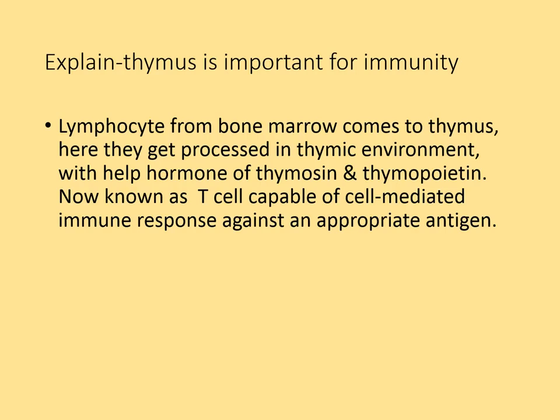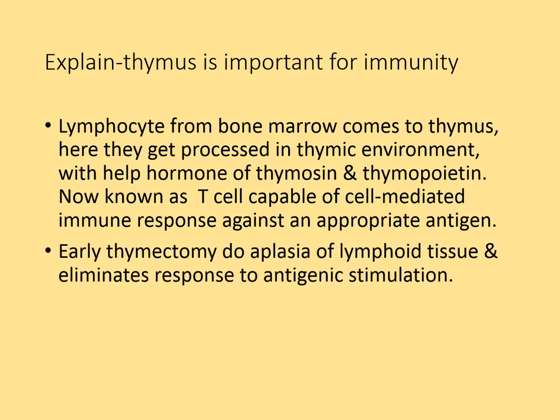After education or processing, they are known as T cells, which are capable of cell mediated immune response against appropriate antigen. Early thymectomy causes aplasia of lymphoid tissue and eliminates response to antigenic stimulation. So thymus is important for immunity.